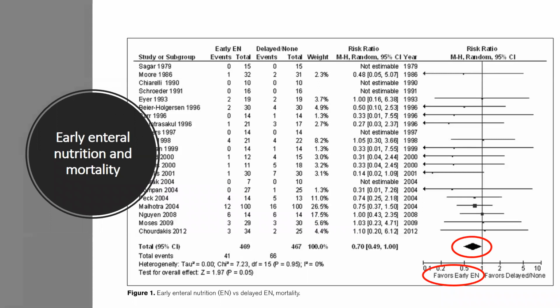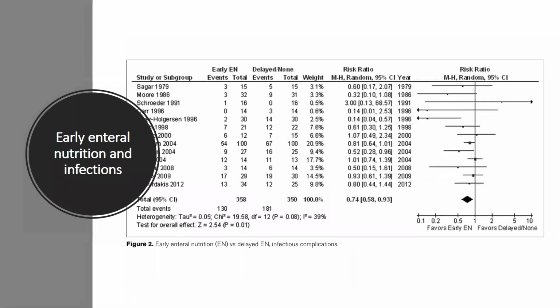That's less than 48 hours in these studies. When they looked at infectious complications, there's a similar trend that favored early enteral nutrition. These were 13 studies. So you can see there is heterogeneity in all of these studies, but many of the meta-analyses have largely come up with the same results.